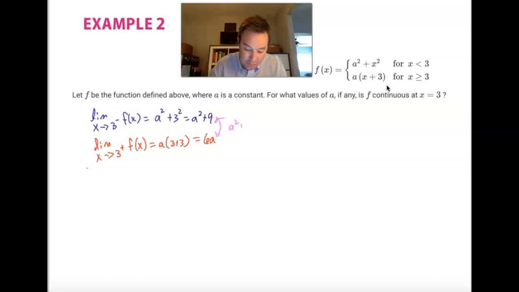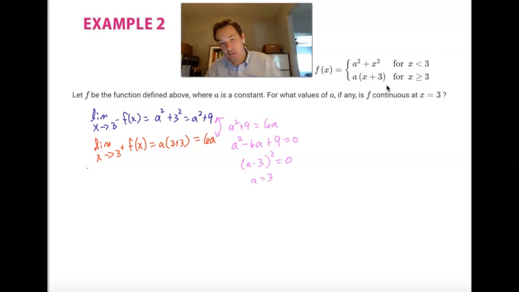Now we just need to set those two equal to each other. So a squared plus 9 equals 6a. It's quadratic. We can solve this one by factoring. I'll move the 6a to the other side, get it equal to 0, and realize that that's a minus 3 squared. So we get a equals 3. This is the value that we would expect to make this function continuous at 3.